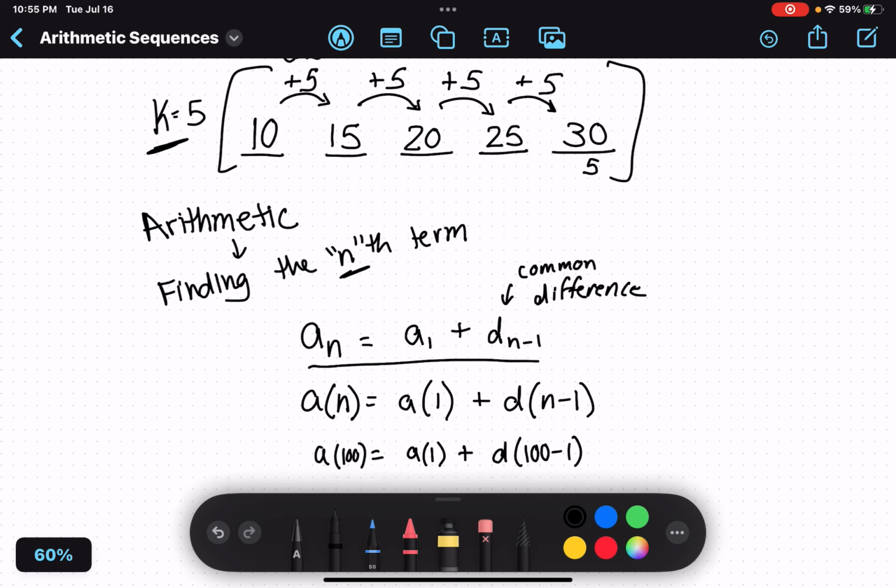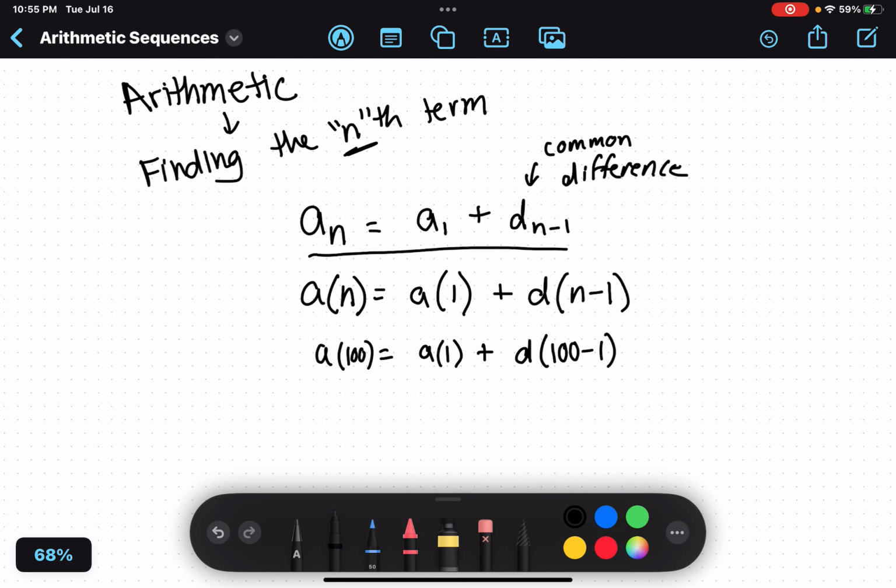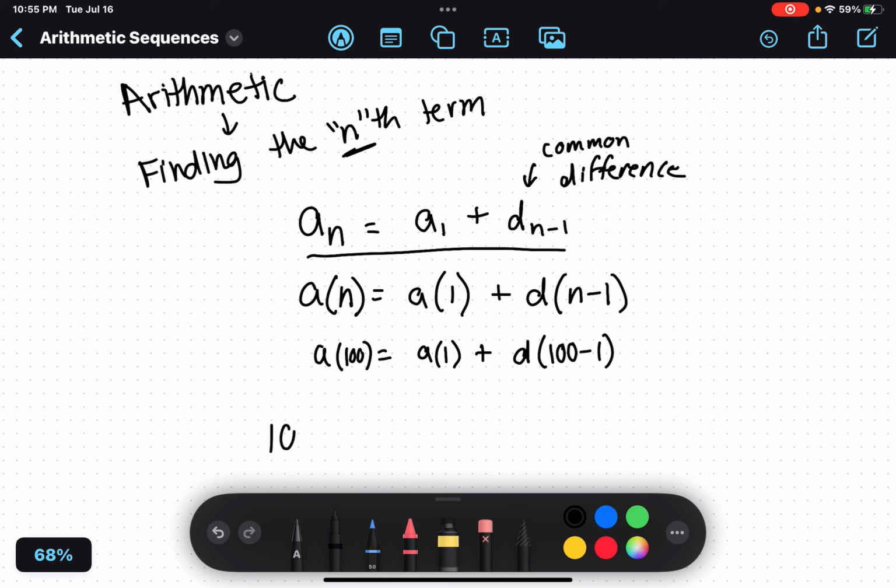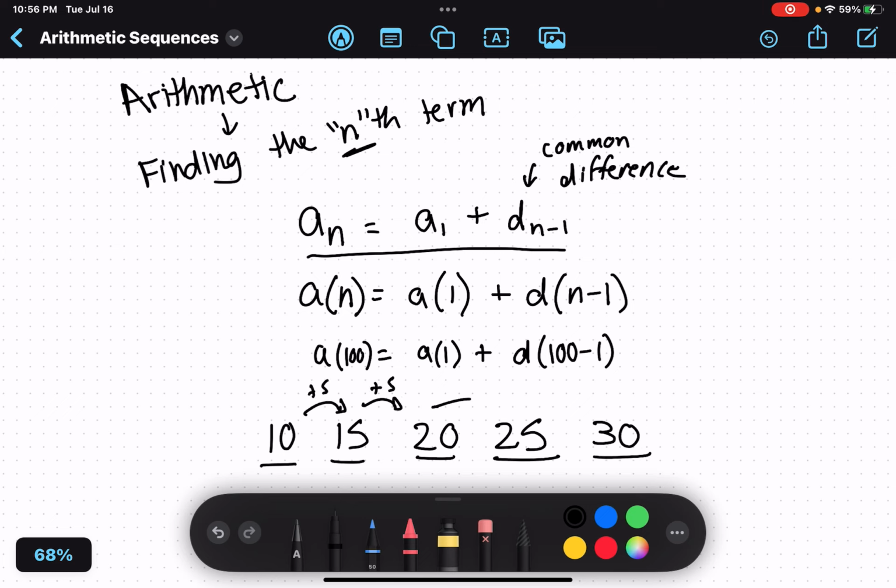Going back to the example we did before with the 10, 15, 20 until 30, if we were to write this out again, plus 5, plus 5, plus 5, plus 5. We're finding the 5th term, but we're only adding 5 four times, not 5. And that is exactly what the formula is showing with n minus 1.